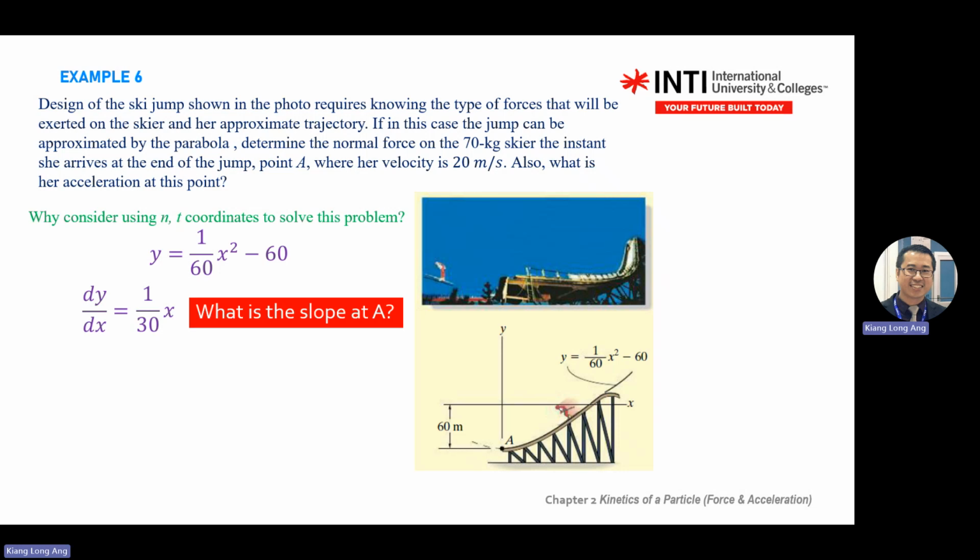At point A, the reference point at (0, 0), you can treat this as your Cartesian problem. So the slope at A will be 0. If you analyze, it's like analyzing a quadratic curve.